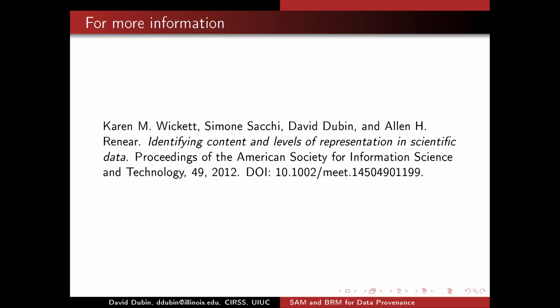We've done a number of papers about SAM and BRM, including a poster at the second RDA plenary on how these could serve as a complementary account of provenance, complementary to other approaches to provenance like the World Wide Web Consortium's PROV model. But this ASYST paper has the most complete description of the entities and the relationships in SAM and BRM and how they relate to each other. So I recommend this one as the place to start.